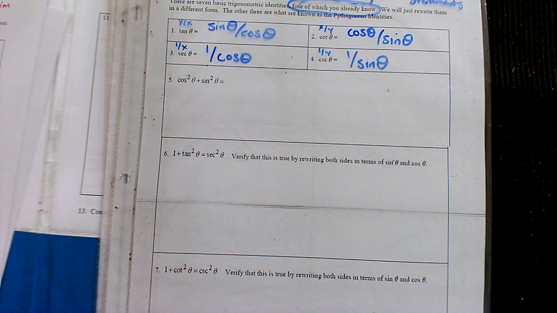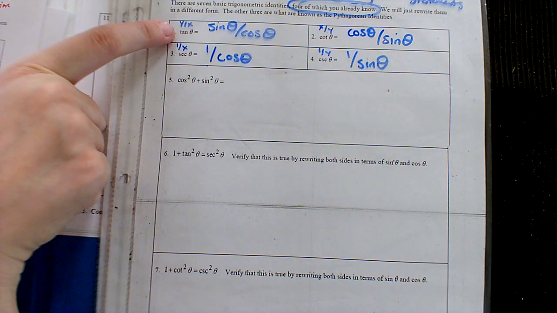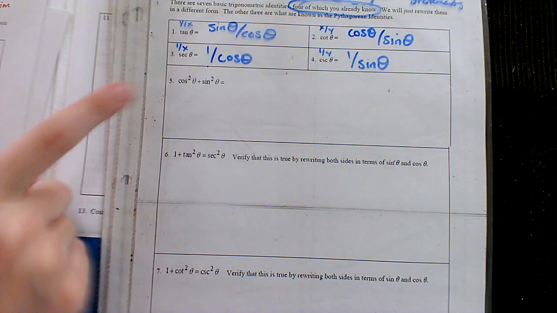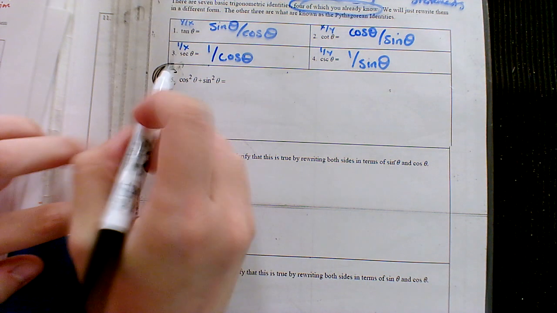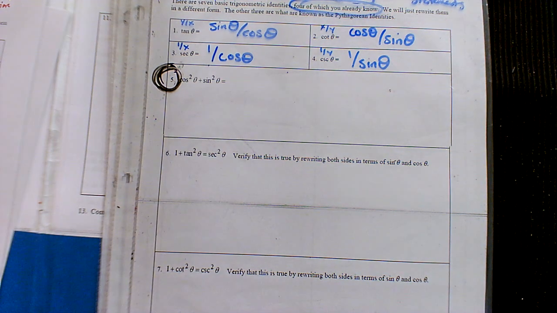All right, so these next 3 are a little bit different. Notice how it's not just tangent, secant, cotangent. Now we have some type of an equation that we can use as an identity. And I would say this is the big one to know, number 5. 6 and 7 are related to number 5.